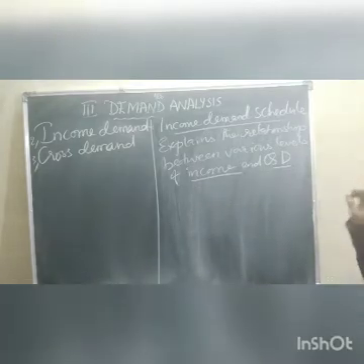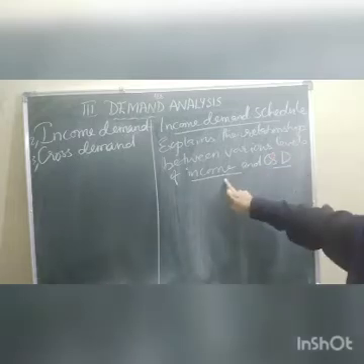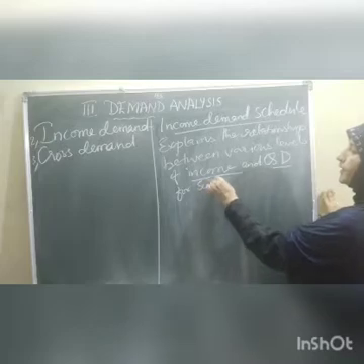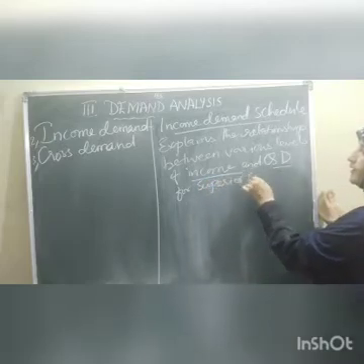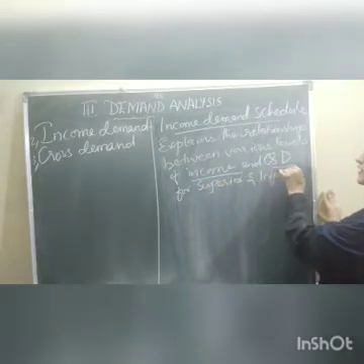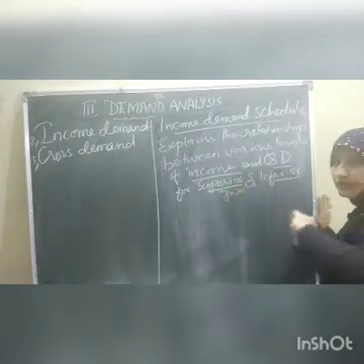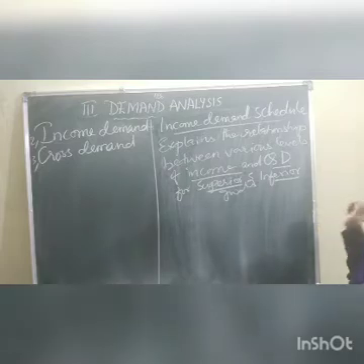That means the income demand schedule explains the various levels of income and quantity demanded for superior and inferior goods. What is superior? Costly goods. Inferior, cheaper goods.